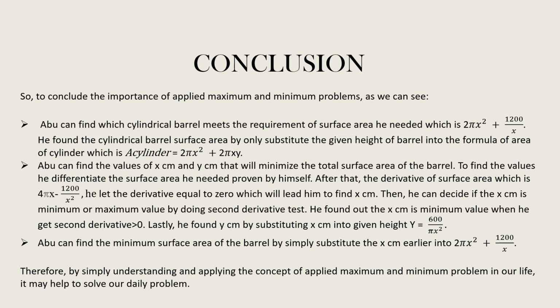Lastly, he found y centimeter by substituting x centimeter into the given height y equals 600 per pi x squared. Last but not least, Abu can find the minimum surface area of the barrel by substituting the x centimeter found earlier into 2 pi x squared plus 1200 per x.